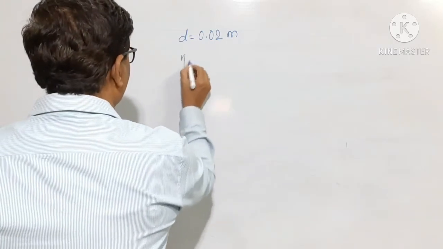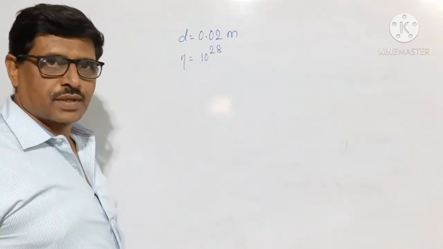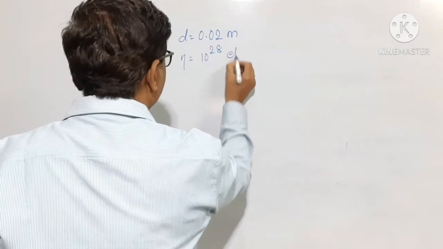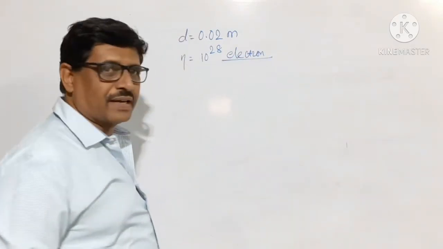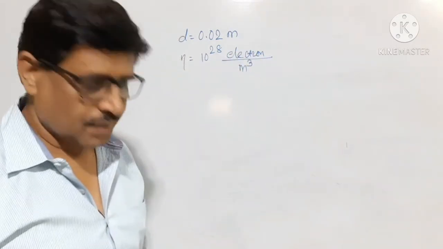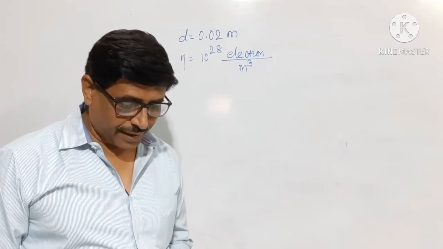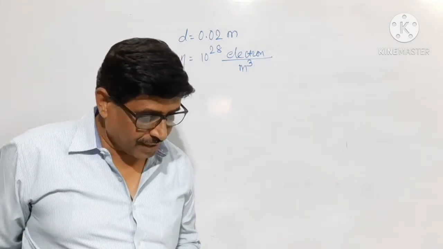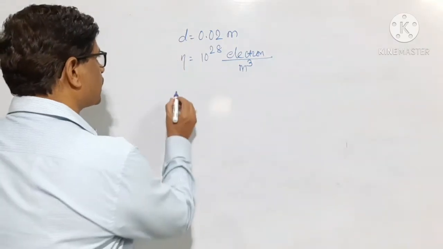Now the number of electrons present per unit volume, these are electrons present in a cubic meter, meaning electrons per meter cube. This is the other thing given. Find the drift velocity of free electrons having an electric current of 100 amperes.